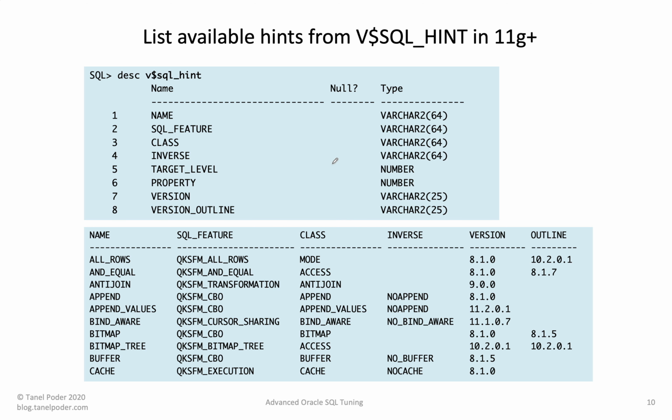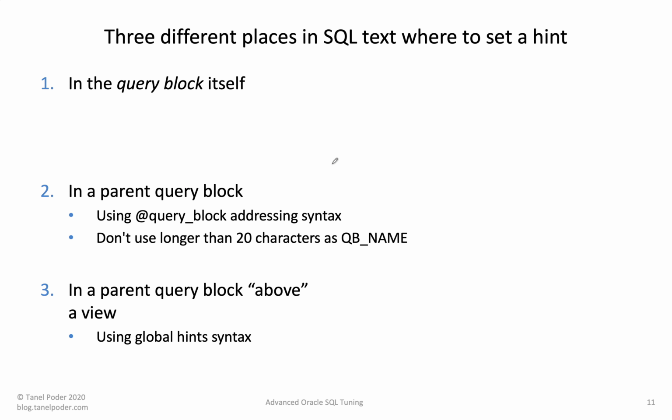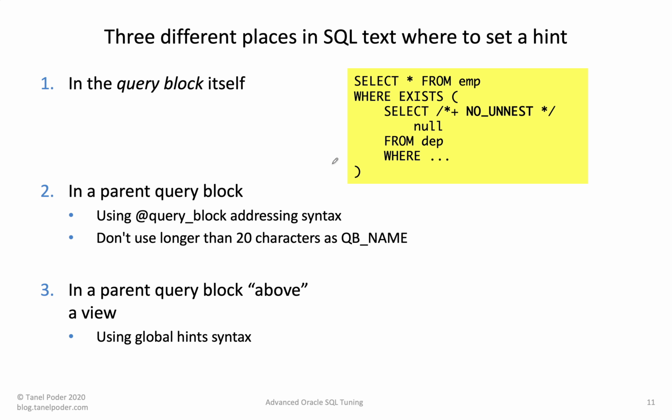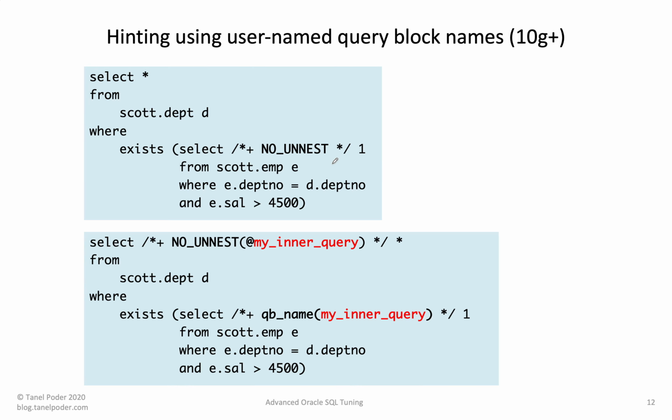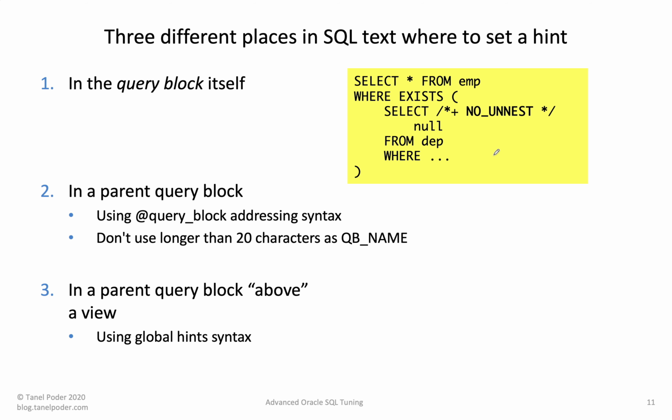All right, so we already talked about this: where can you put hints, because you have to do that right as well. If you want to, say, not unnest this query and convert it into some semi-join, then you would have to add the NO_UNNEST hint right into the query block itself.